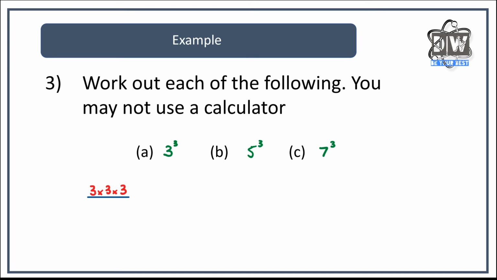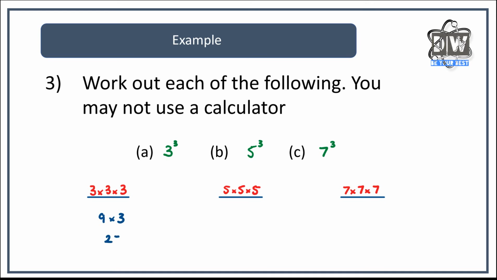As per normal, hopefully you've had some time to do that. So the next one will be set up as 5 times 5 times 5. And the last one will be set up as 7 times 7 times 7. Now let's go back and work out the first one. 3 times 3 is 9, 9 times 3 is 27.